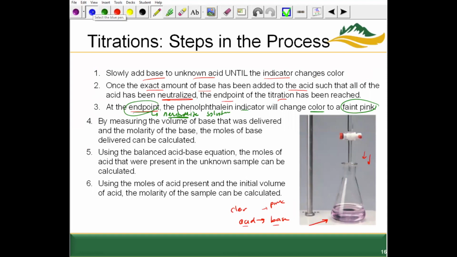So then by measuring the volume of the base that was delivered and the molarity of the base, the moles of the base delivered can be calculated. Using a balanced chemical reaction of our acid and base, the moles of acid that were present in this unknown can then be calculated. Then, because we know this total volume initially, we can find our now known moles of acid divided by the volume of our acid.